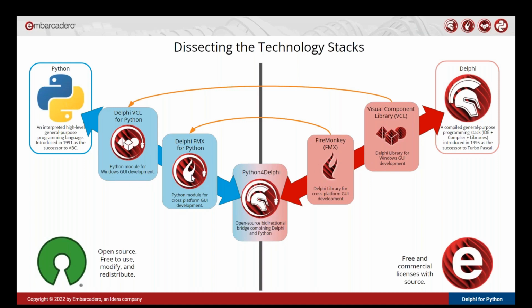So we have these projects, Delphi VCL for Python and Delphi FMX for Python, that are open source projects available on GitHub. The Python module that is created by compiling those includes FireMonkey and VCL, so that module itself is not open source.